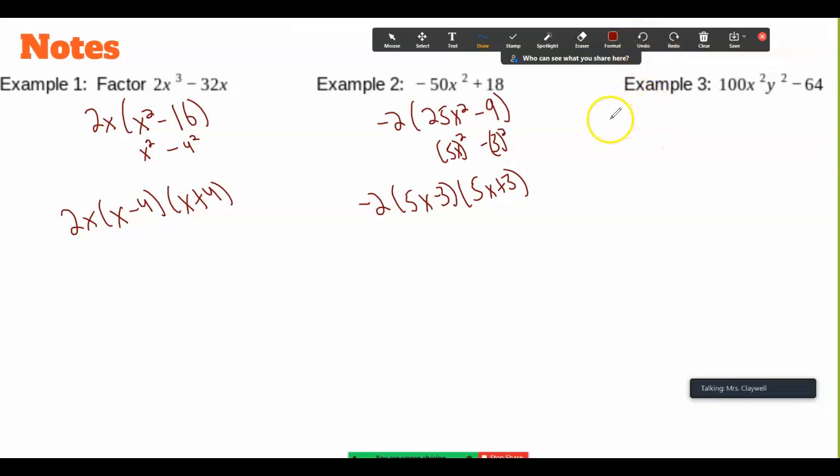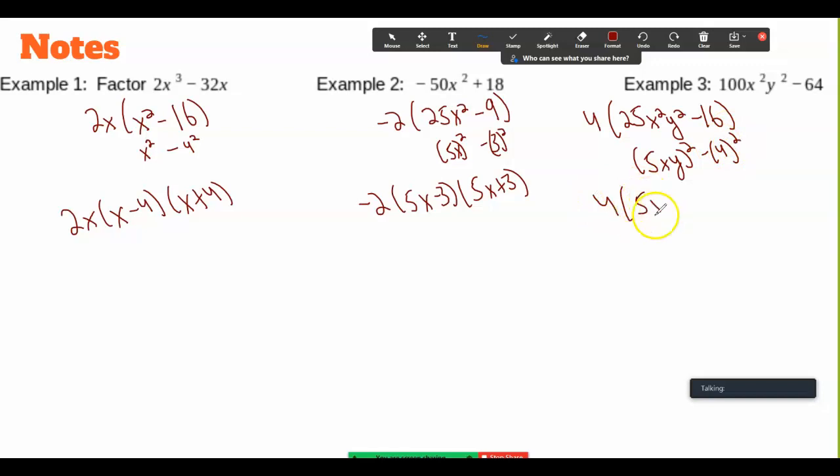I can factor out a 4. And then one has a plus and one has a minus.